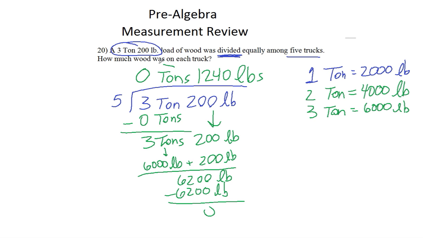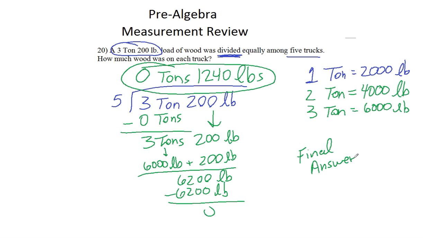So you could give this as your answer if you want, 0 tons and 1,240 pounds. But again, because it's 0 tons, you really don't need to mention that. So a good final answer would be just your 1,240 pounds. That's how much each of the 5 trucks will carry.